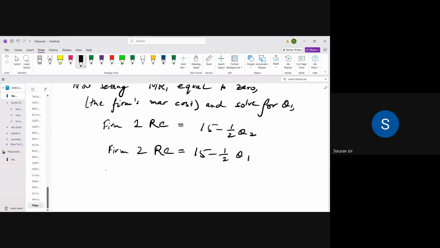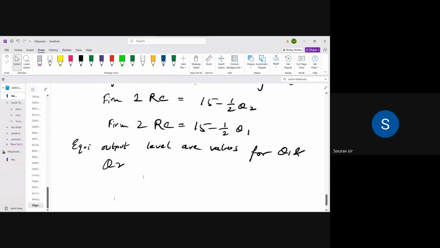So the equilibrium output levels, the values for Q1 and Q2, are at the intersection of these two reaction curves. If you replace Q1 with the expression on the right hand side, you can get the equilibrium output level.